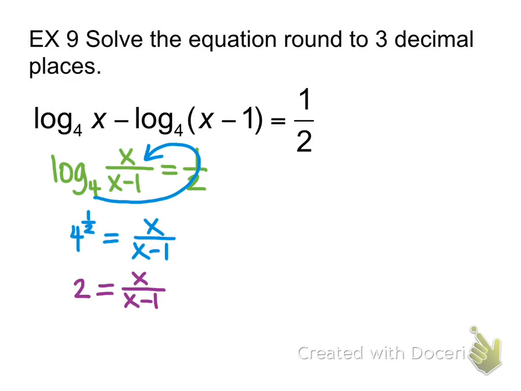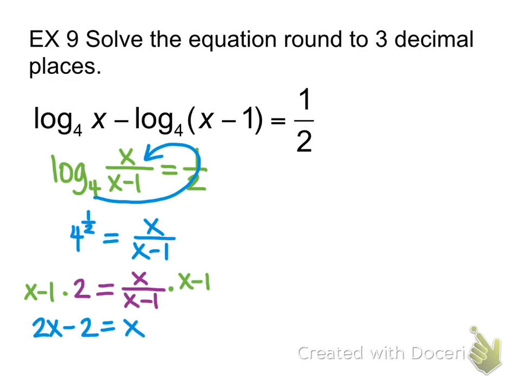So since x is being divided by x minus 1, I need to multiply by x minus 1 on both sides. On the left, when I multiply by x minus 1, I need to distribute 2 times x and 2 times negative 1, which will give me 2x minus 2 equals the x that's left on the right-hand side.